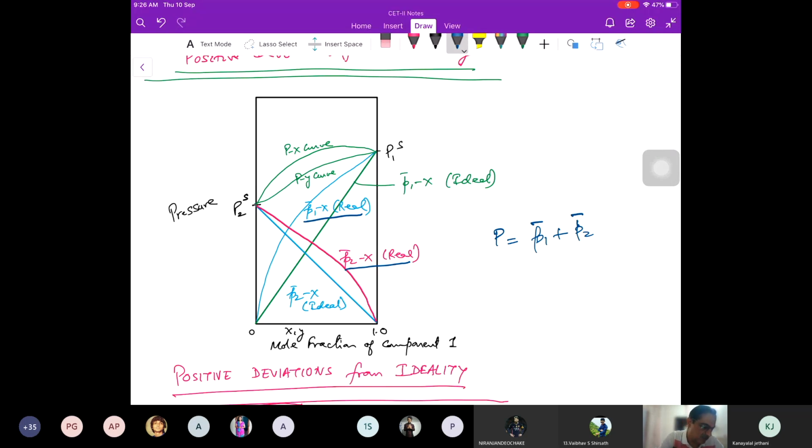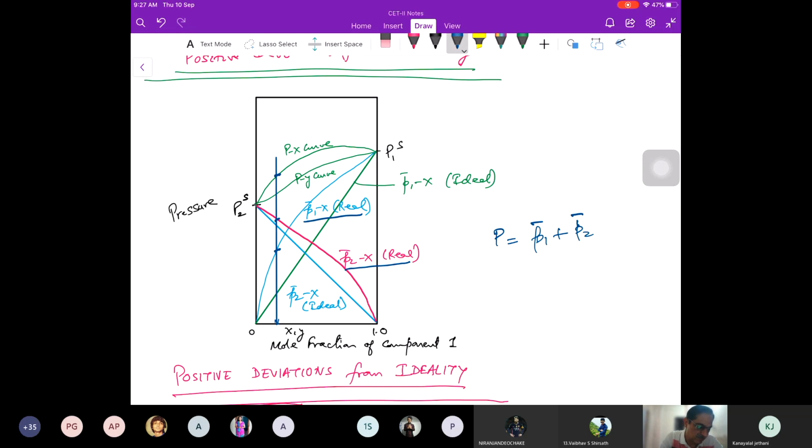So if I take any value of X, I know what is P2 bar, right? I know what is P1 bar. If I add this, I'll get total pressure.